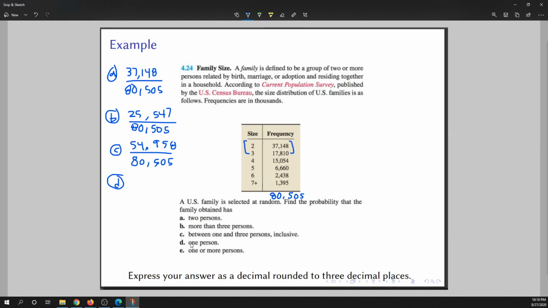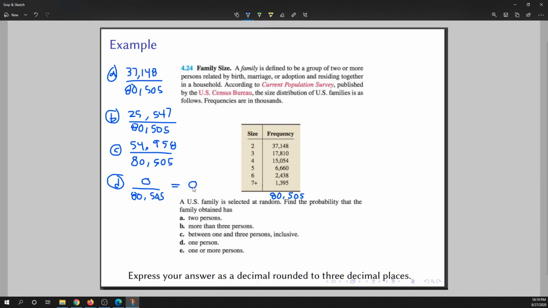All right, part D, they want to know one person. And again, for 1, there's nobody, because a family is by definition 2 or more. So that's really easy. The number in the event is 0, that's the empty event, and 0 divided by any non-zero number is 0.